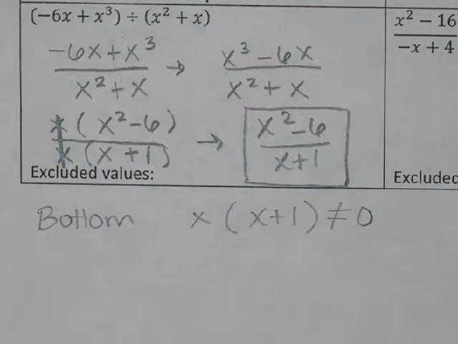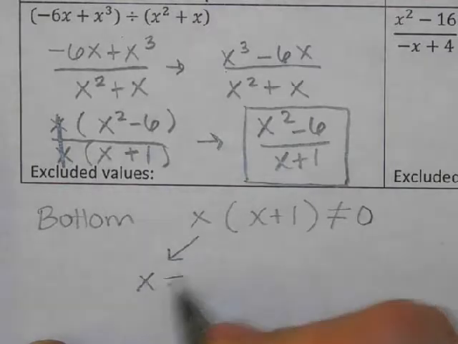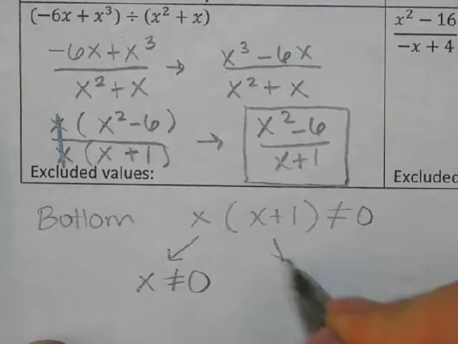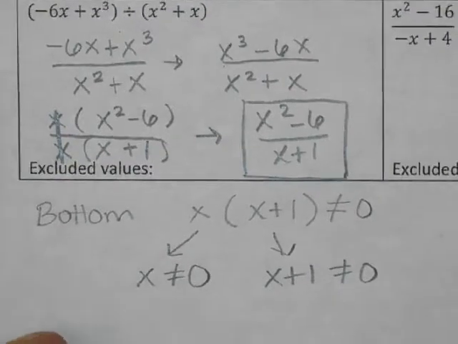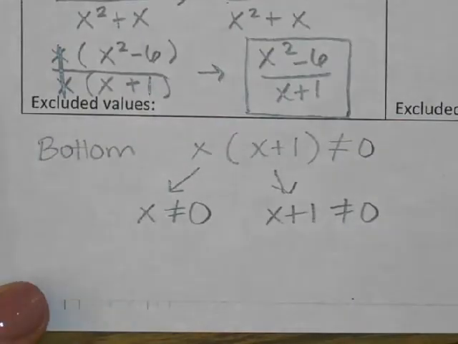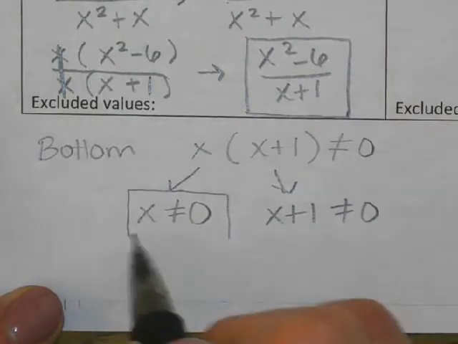And then I'm just going to go ahead and solve for that. All right? So I'm going to say this one over here, x cannot equal 0. This one over here, x plus 1 cannot equal 0. So 0 is my first excluded value.